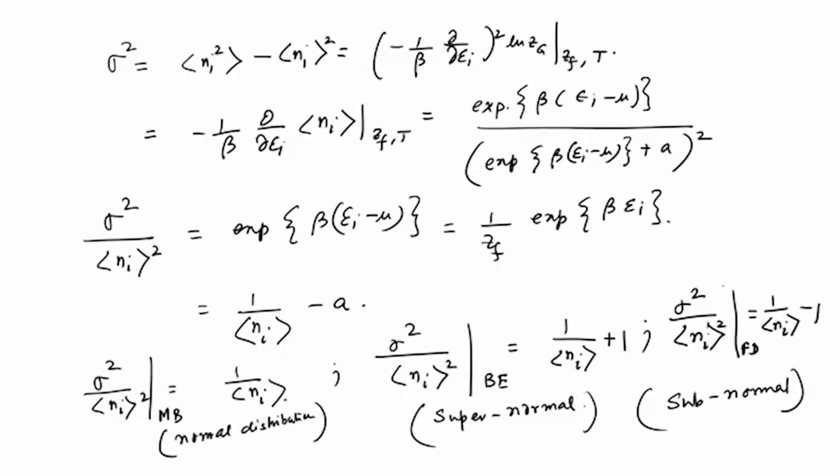In fact, if there are a large number of particles in one given energy state, it will favor or rather enhance fluctuations, and that's why you see a supernormal distribution for sigma square by Ni square. Whereas this hardcore condition, hardcore means the Pauli exclusion principle is often called a hardcore, which means that one particle does not like another particle and they strongly repel each other, and it's not a possibility that two particles will occupy the same energy state. That's the statistics, and that gives rise to a sort of subnormal distribution.